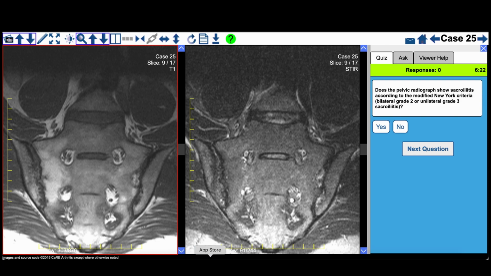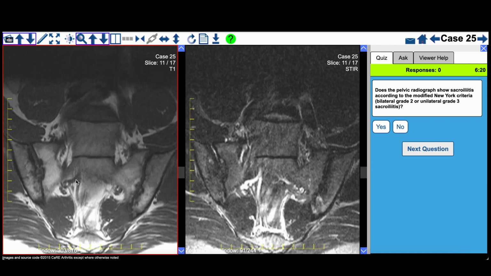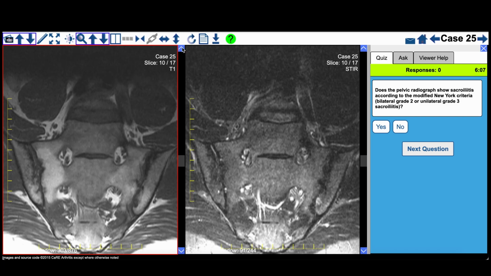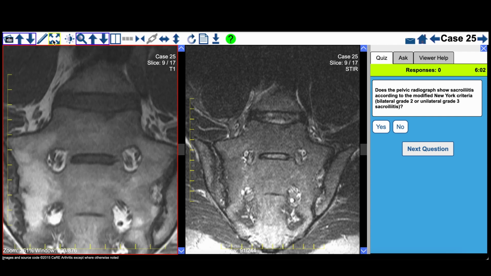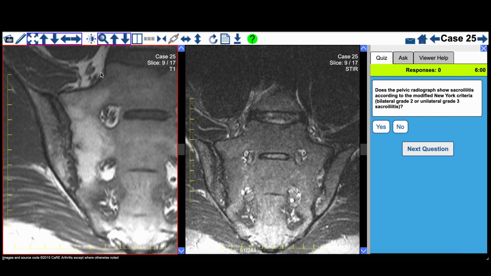But if we look at his scan, and particularly the T1 weighted scan, we see it's very abnormal. He has erosion of the right sacral cortex, erosion of the left ilium. And as we review all the slices, and let's magnify the right joint, we see that the right lower iliac cortex is very irregular again, giving the appearance of a sawtooth appearance to the cortex.